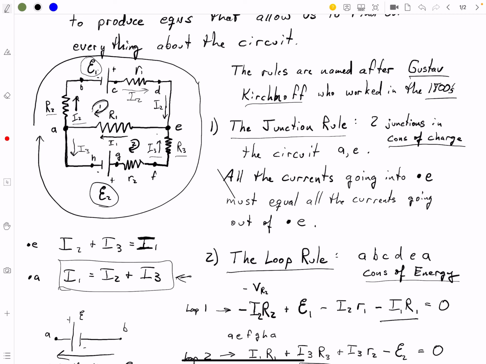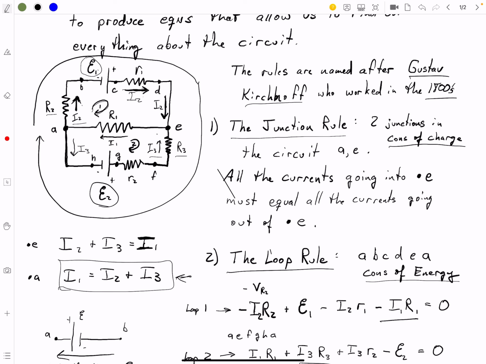So I can't make I2 go this way across R2 and then not go this same direction across our internal resistance R1. They have to be consistent, okay? So if I say R2 gets I2 going this way across it, then of course I have to be consistent with R1 and keep it going through, okay?